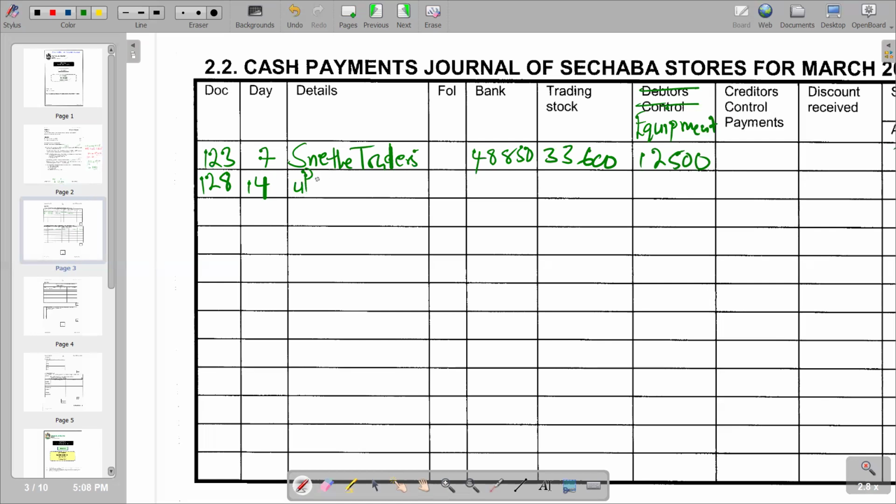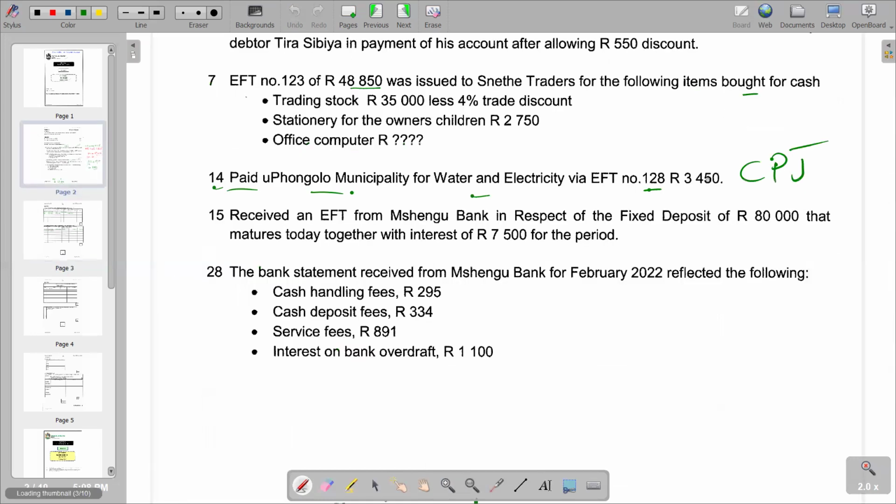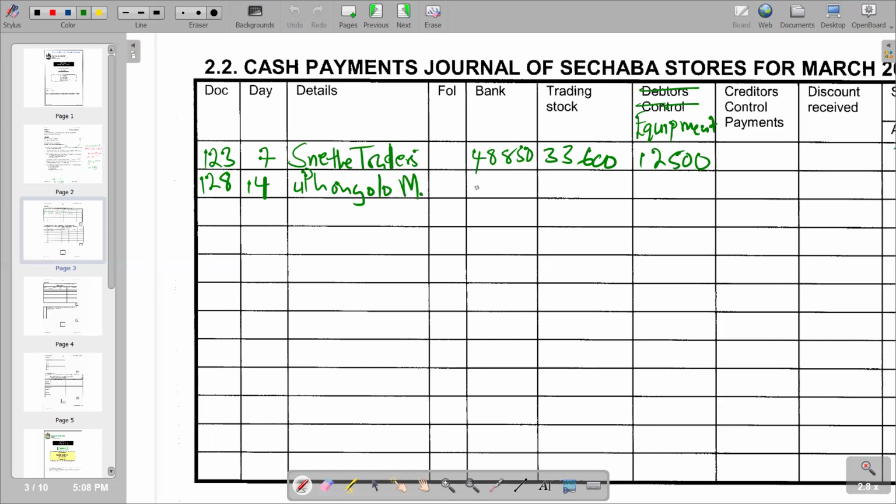Due to space, you can just abbreviate it as M. The amount is 3,450, which is this one, 3,450.